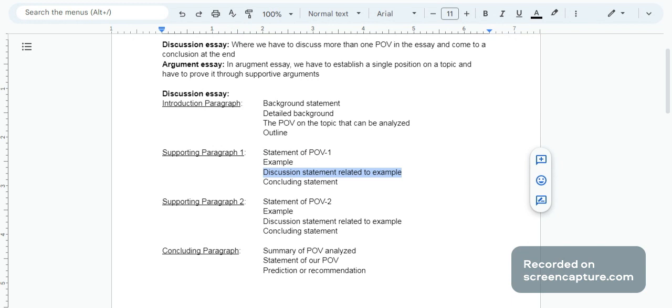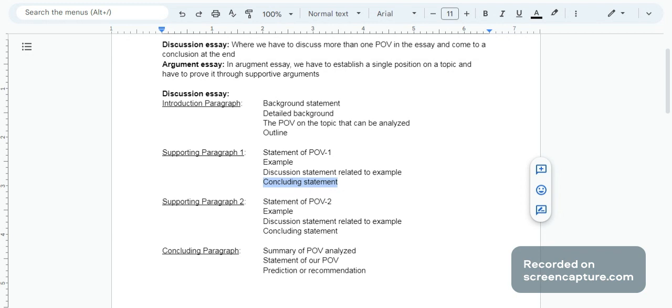And the concluding statement is just like another line you can add, when the statement and examples are done. You can also write 'moreover, these things should also be considered', or 'on the other hand'.